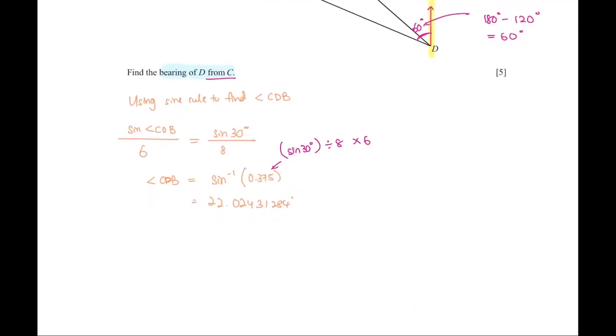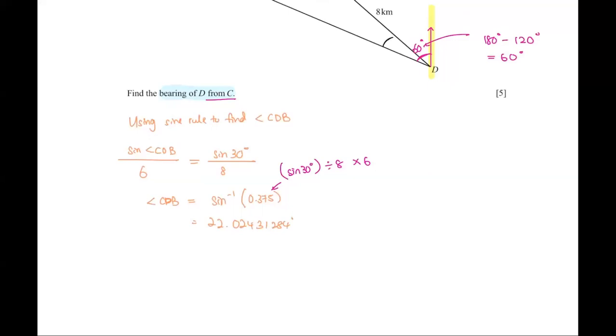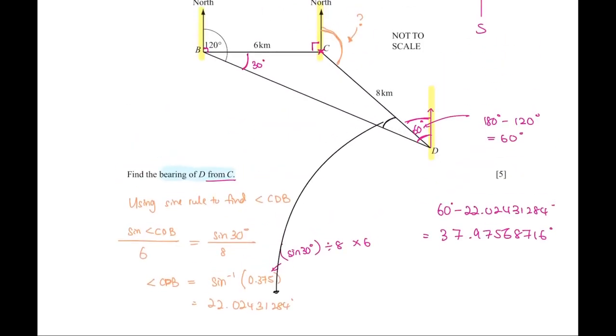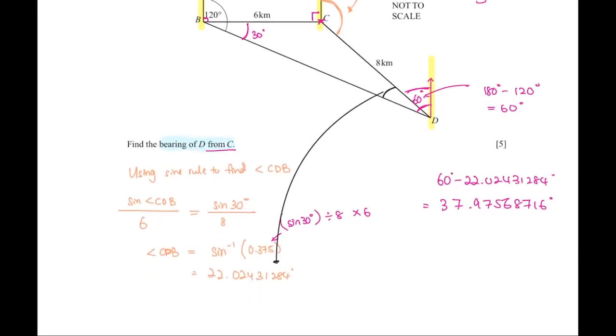Right, then I get this angle here is 22. So the remaining angle that we're looking for will be 60 minus 22.02431284, which is 37.97568716. So this is the angle there.